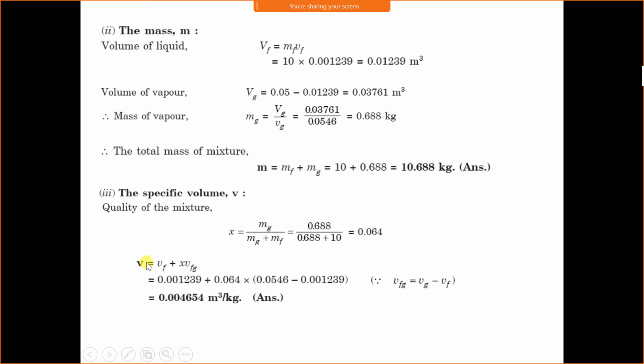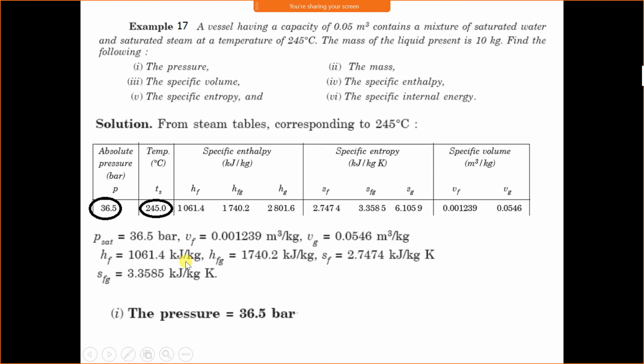Now the specific volume of wet steam is equal to Vf plus x Vfg. Vf is 0.001239 plus x is 0.064 and Vfg is not given. Look here, only Vf and Vg are given. We want Vfg, and Vfg is equal to Vg minus Vf.